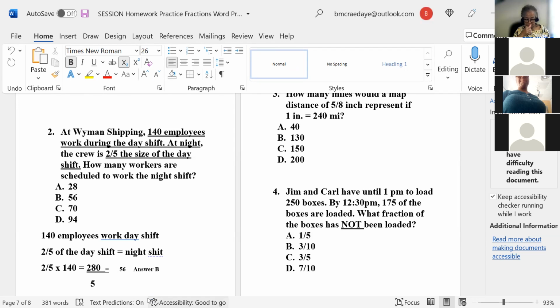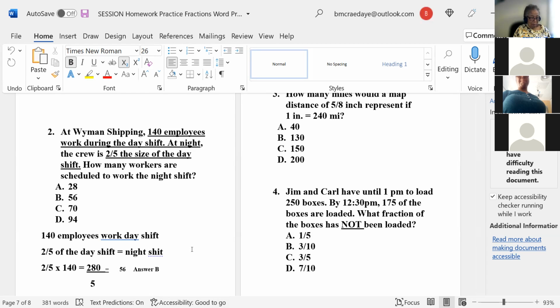That would be it. Because it says 140 employees work during the day. The night shift is 2/5 the size of the day shift. So we know how many people are on the day shift. So if we get 2/5 of the day shift, we have the night shift employees. So all we need to do was to just double up the night shift and then divide.